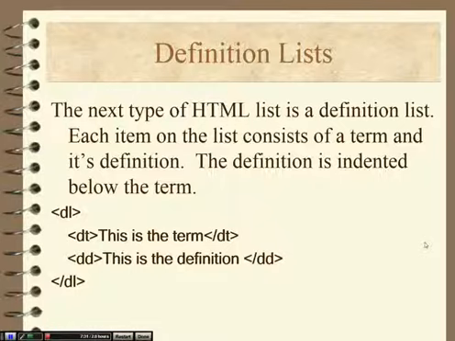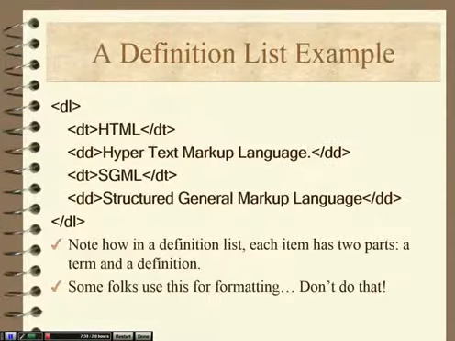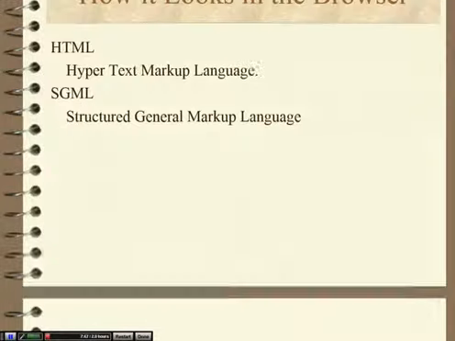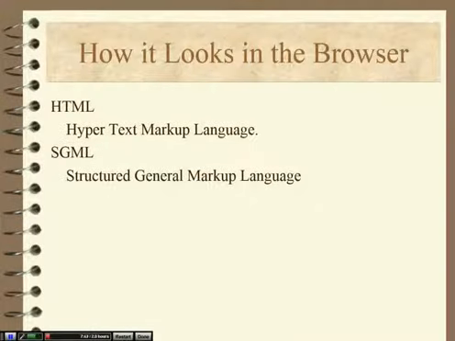You have to pay attention and kind of get that. And here's an example where we have 2 elements. Again, notice that each element has both a term and a matching definition. And this will be displayed in the browser just like this, where it'll show the term on the first line, and indent the definition on the second.